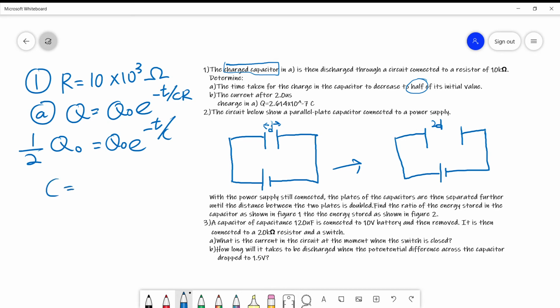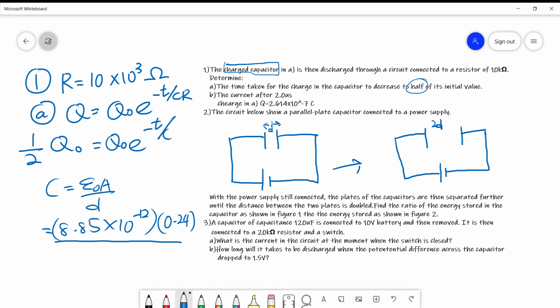So C is epsilon naught A over d. The permittivity of free space is 8.85 times 10 to the power of negative 12. The A given in the question is 0.24 meters squared, divided by the plate separation, which is 0.65 times 10 to the power of negative 2.